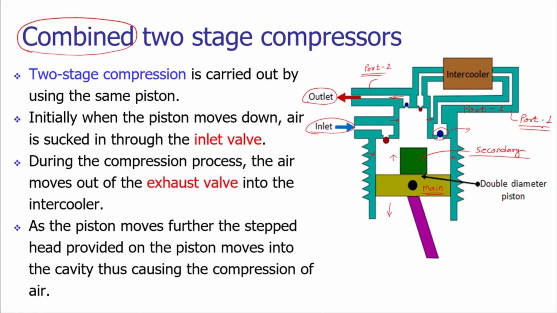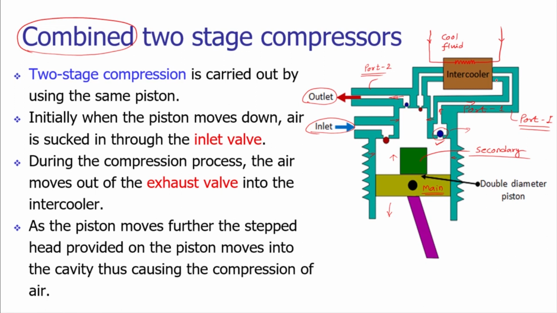However, port 1 is connected to the outlet through the intercooler. As I mentioned in my previous slide, the intercooler is nothing but a heat exchanger. Now during the process of compression, outlet valve 1 will open and the high temperature compressed air will pass through this passage and through the intercooler.